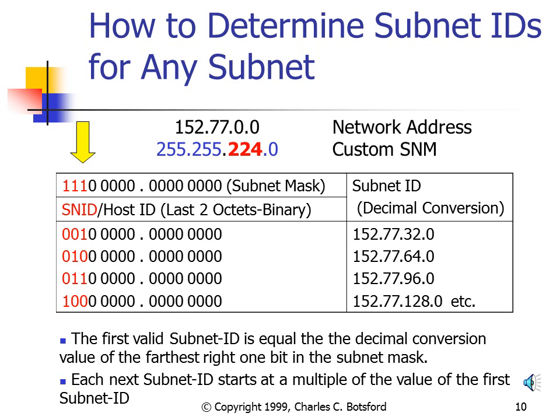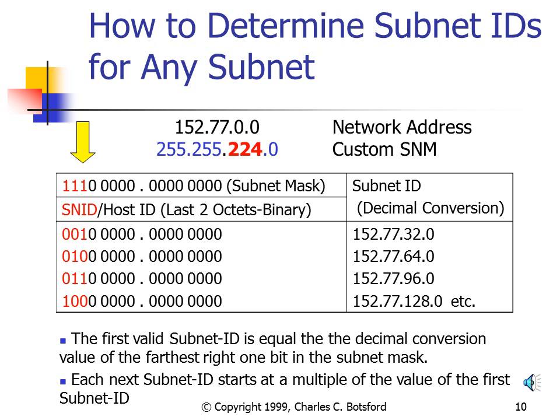The way to determine the subnet ID is to look at the decimal conversion value of the farthest right 1 bit. In this case, the farthest right 1 bit is the third bit. Remember from binary math that for the farthest left bit, the decimal conversion factor is 128, the next bit it's 64, the next bit it's 32. So our first subnet ID would be 32, or in this case 152.77.32.0.